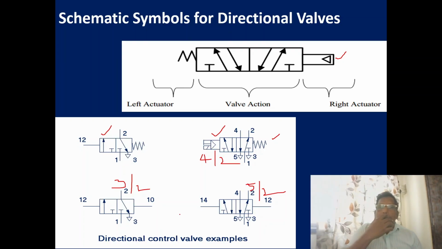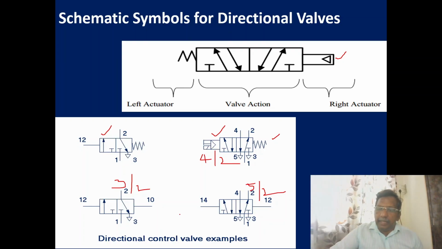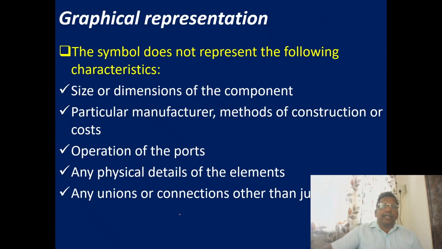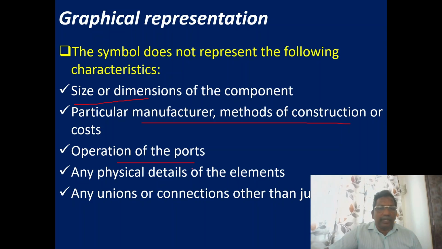Now we understand how it is represented. So don't think otherwise: it is used to represent the characteristics of a particular component. Don't think it represents other things. It doesn't tell about the size or dimension. It doesn't tell about the manufacturer, the method of construction, or its cost. Operation of the port is also not explained.